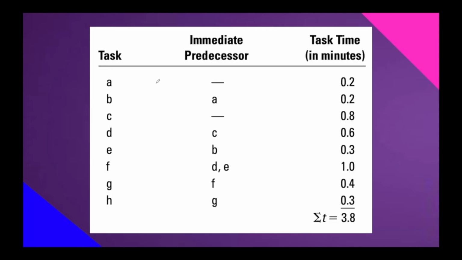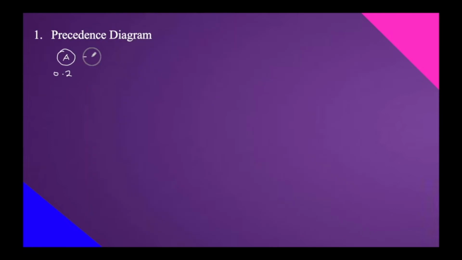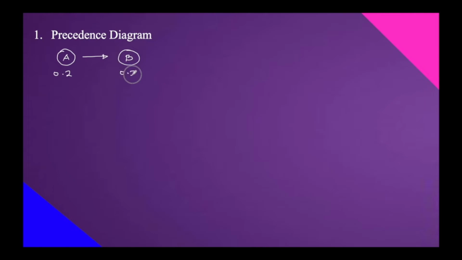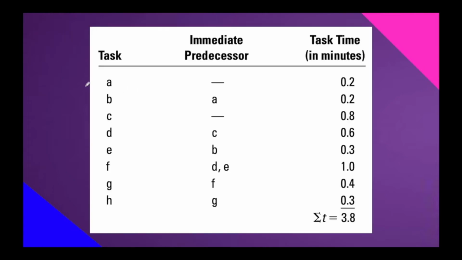Kasunod sa kanya is si letter B. The predecessor of letter B is letter A. So, let's have here letter B. And that is worth 0.2 minutes task time. Okay na to. Letter C.